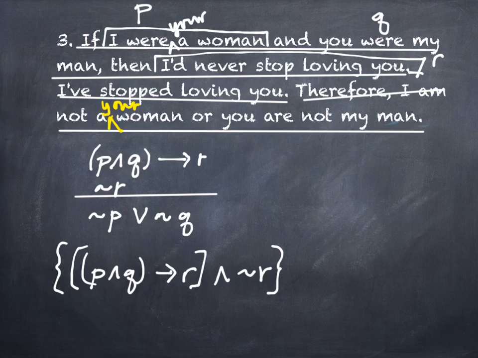Now what? The conclusion. What comes before the conclusion? An arrow. So I need an arrow, and then I need the conclusion statement. The tilde P or tilde Q statement.